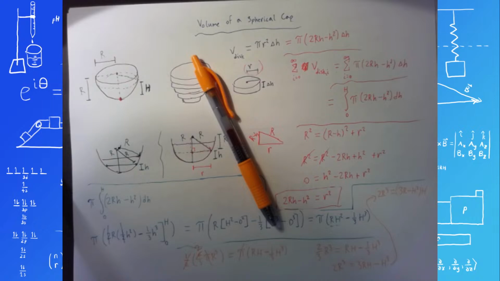So I'm looking for 2x cubed equals 3xy minus y cubed.